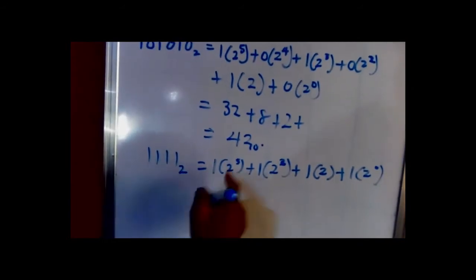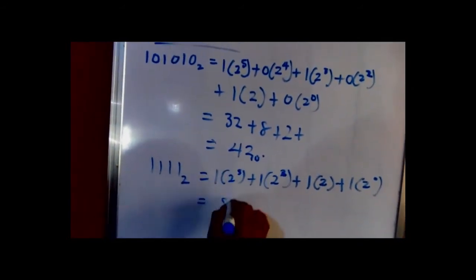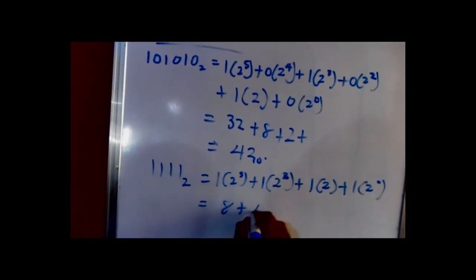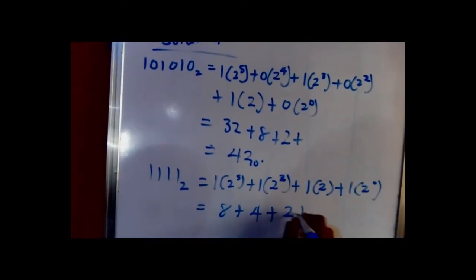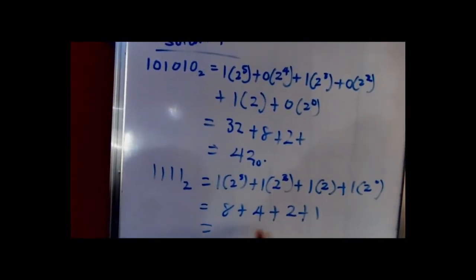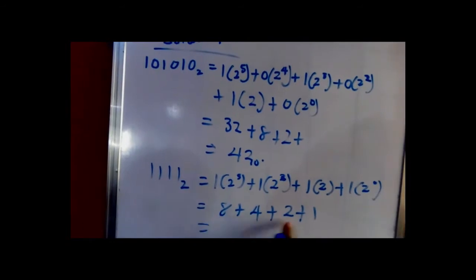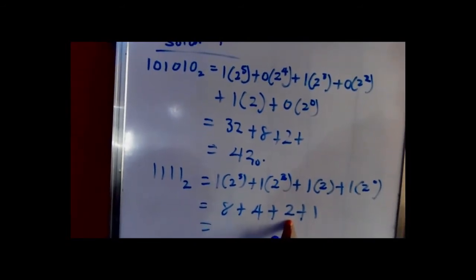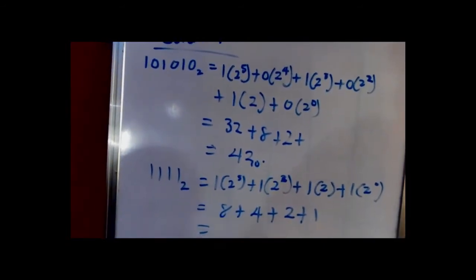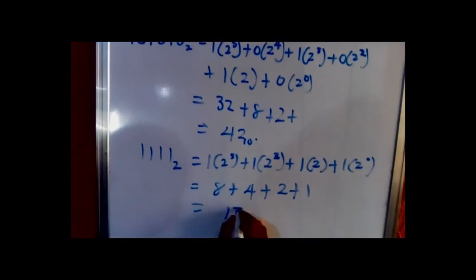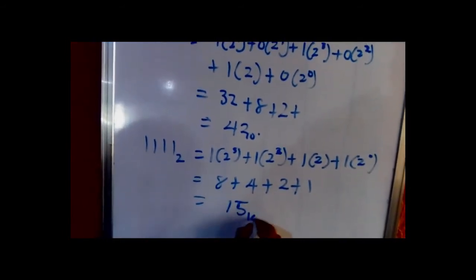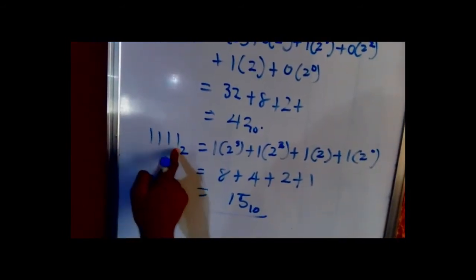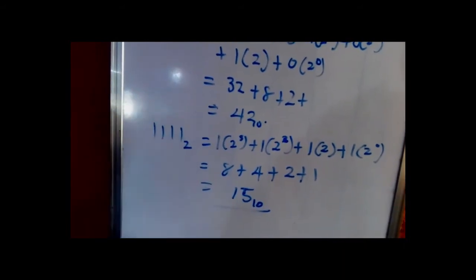So this is equal to 2 raised to the power of 3 is 8 plus 2 raised to the power of 2 is 4 plus 2 plus 1. So this is 8 plus 2 is 10. 10 plus 5 is 15. So 1111 base 2 equals 15 base 10.